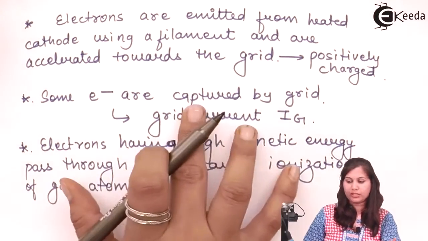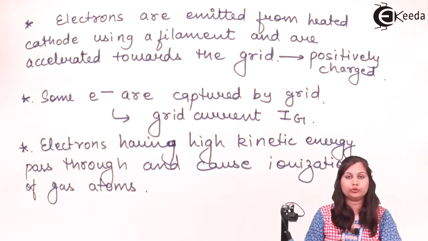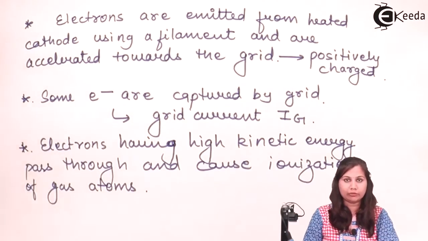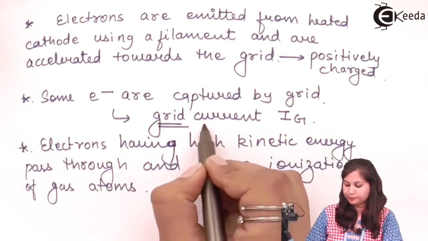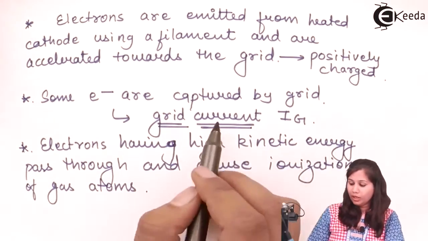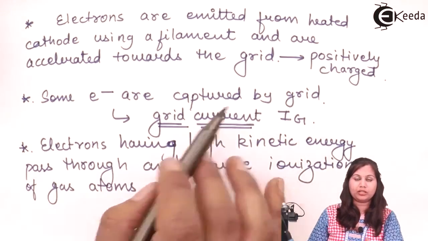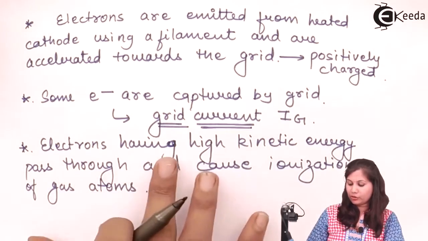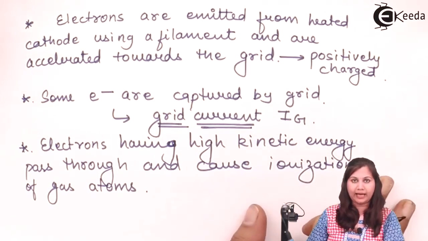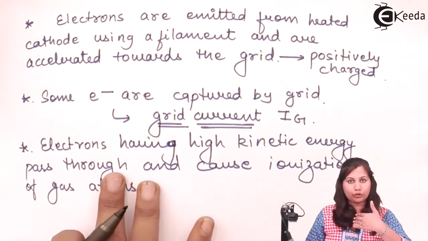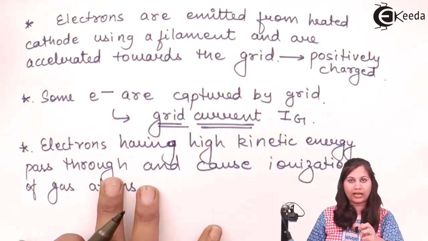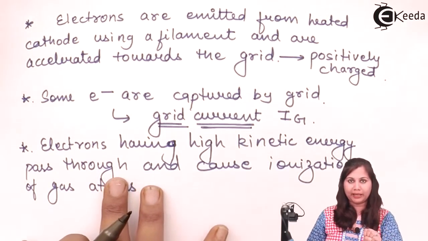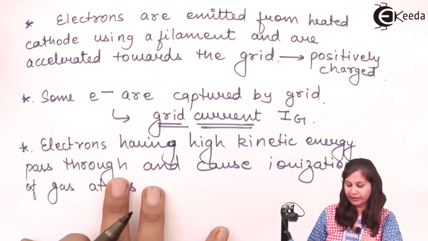Some of the electrons are captured by the grid, and due to those electrons the current will start flowing, and that current is called the grid current. Now, the remaining electrons, if they have high kinetic energy, are going to pass through. Those which have low kinetic energy will be absorbed by the grid.